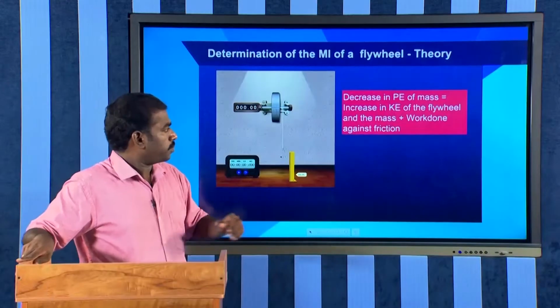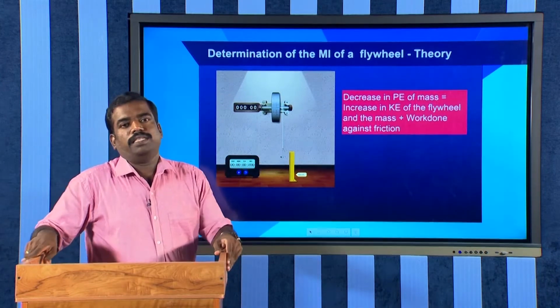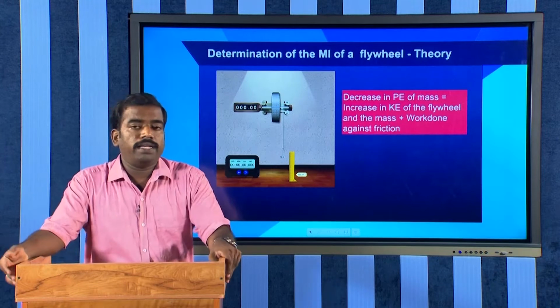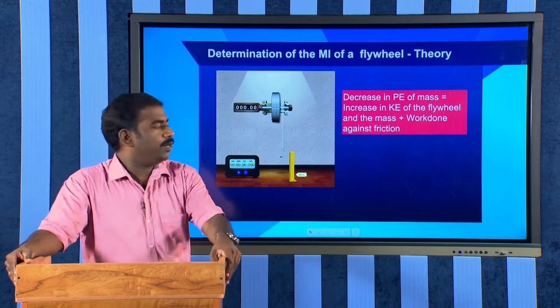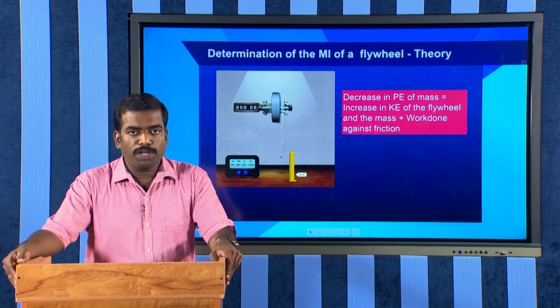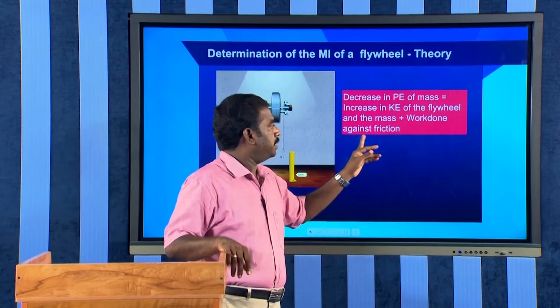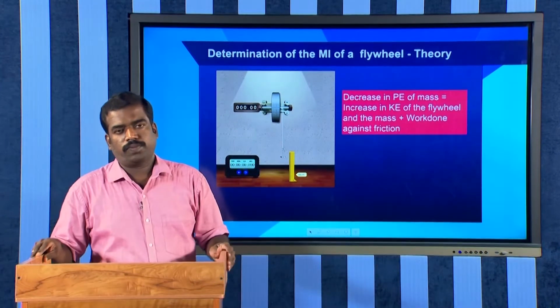As per the law of conservation of energy, the potential energy lost by the mass is partly converted into kinetic energy of the flywheel, kinetic energy of the falling mass, and partly to work against friction.